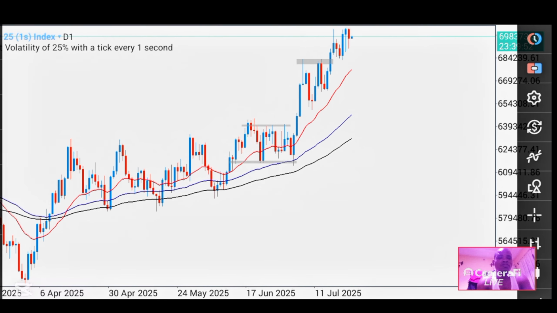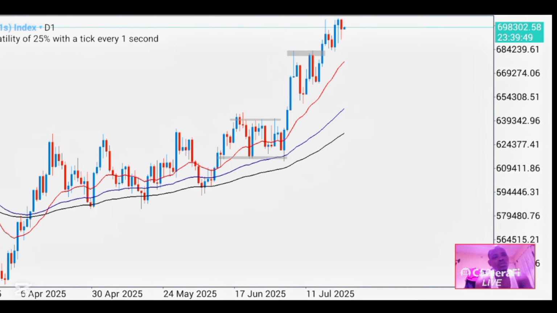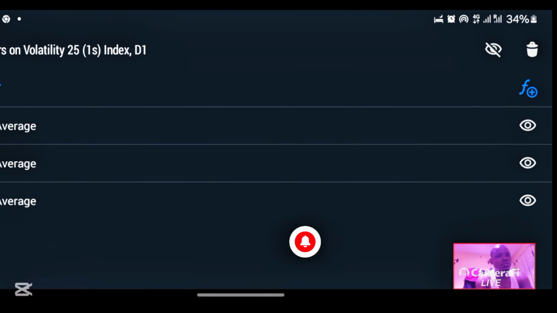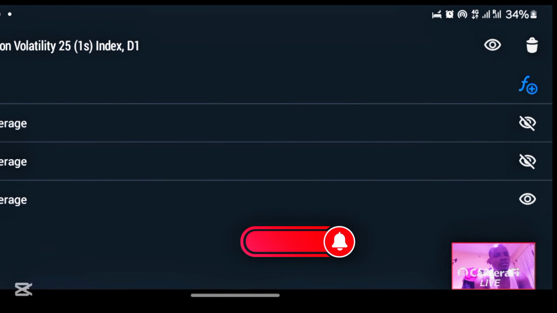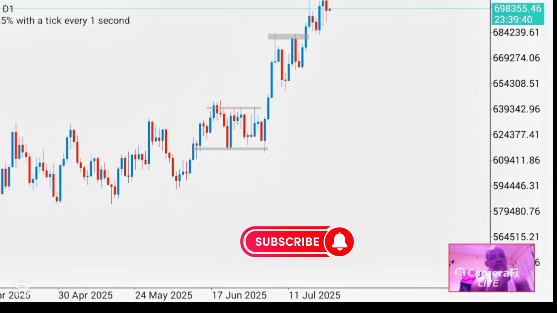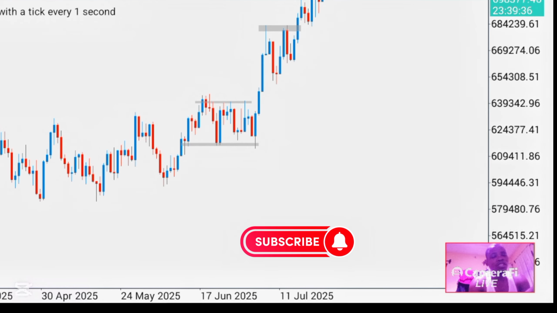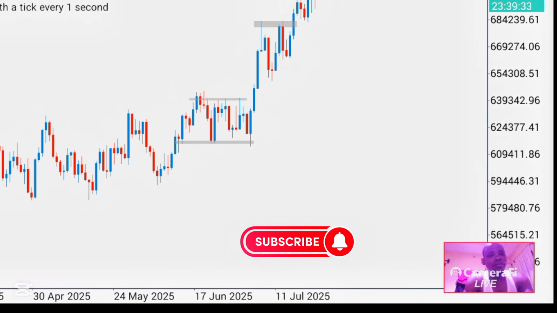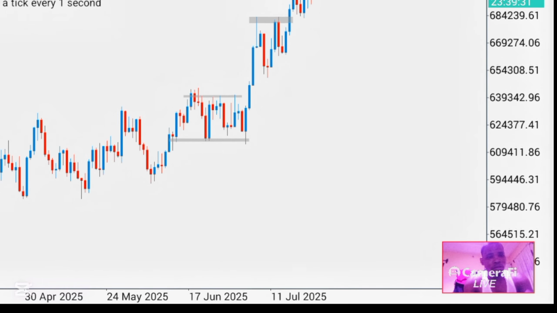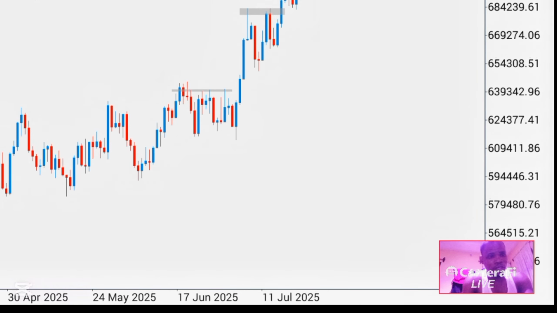So I'm going to remove all the indicators. So let me just close them. Let me turn them off. So now let's come back. So now I've already removed all the indicators. Now I'm removing this.